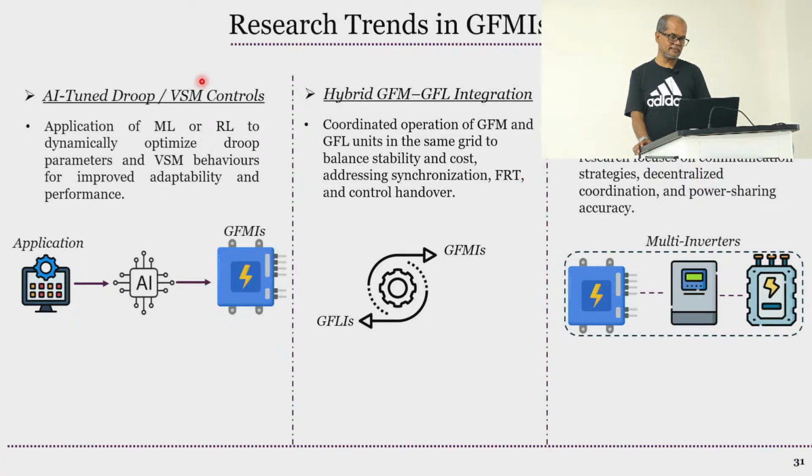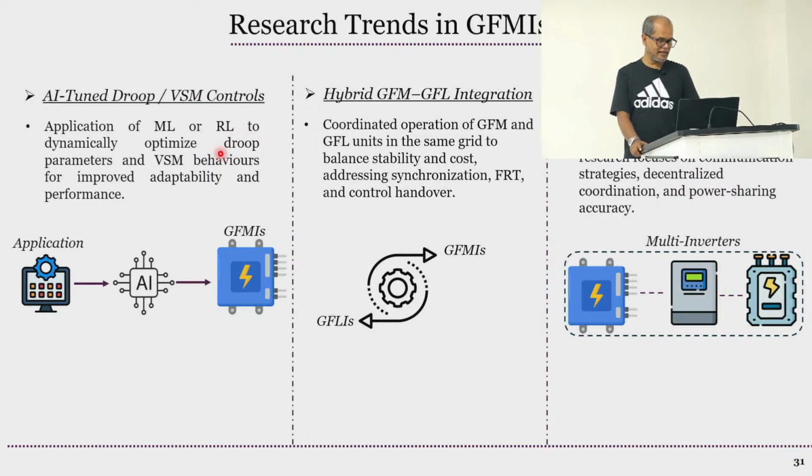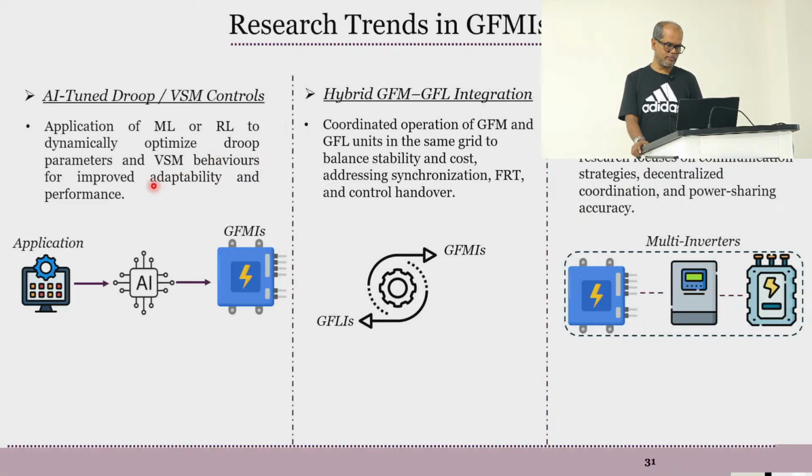Machine learning, AI or reinforcement learning are always hot topics in different areas. There are very few, like droop control or VSM that I mentioned, where you can use them to tune the parameters.